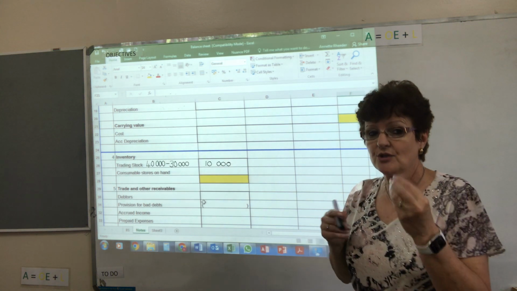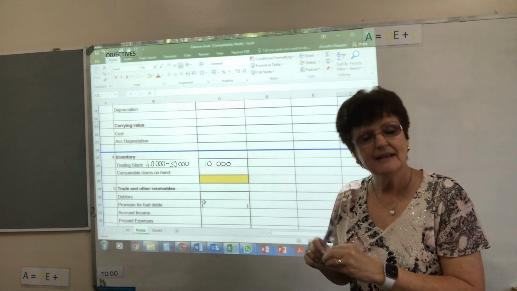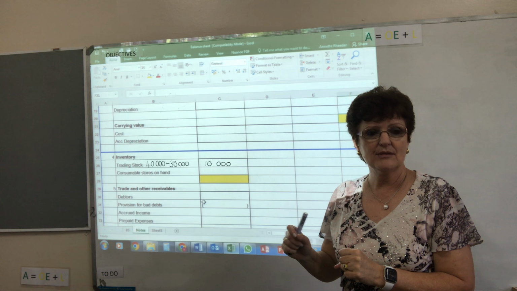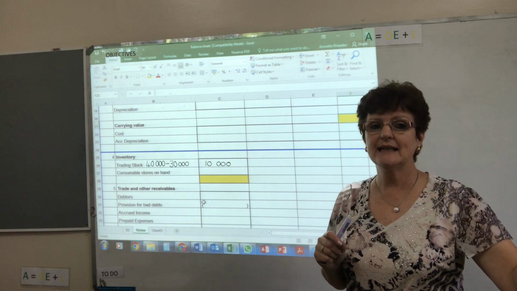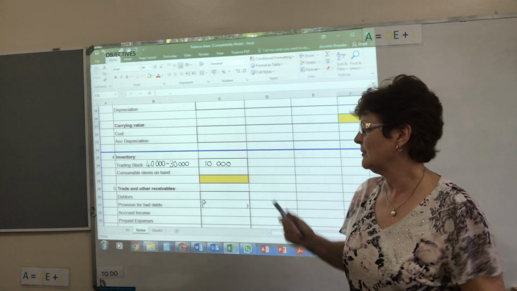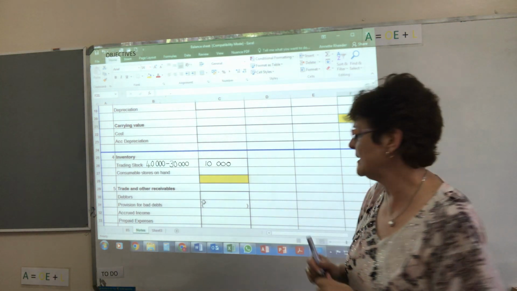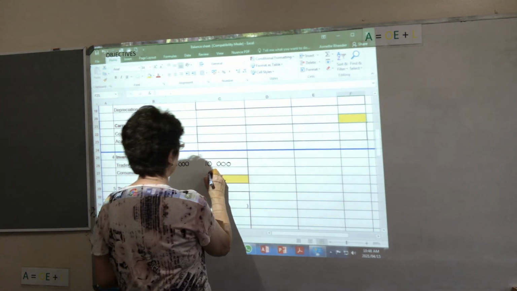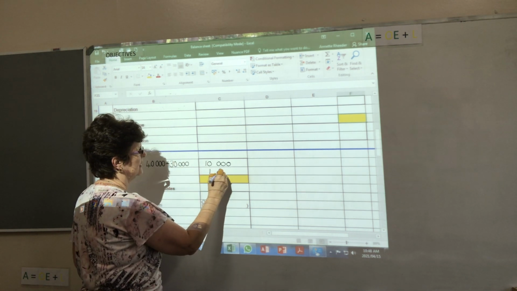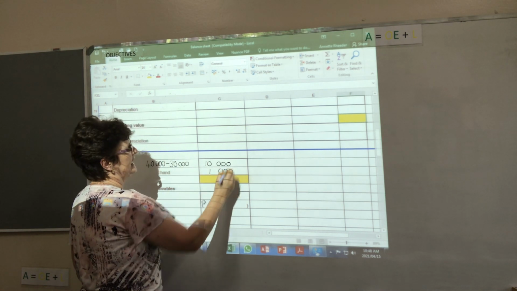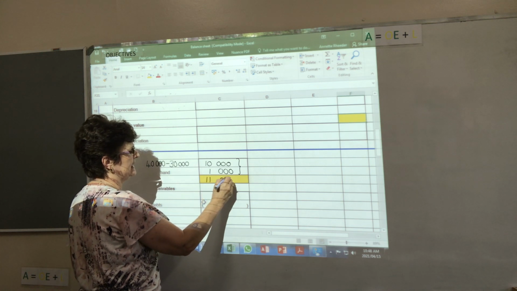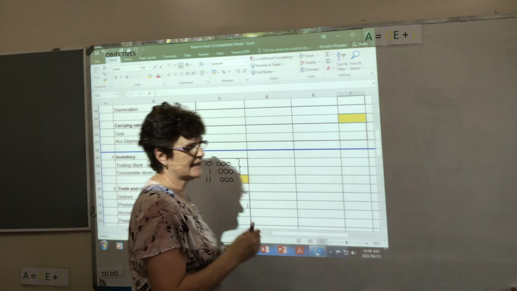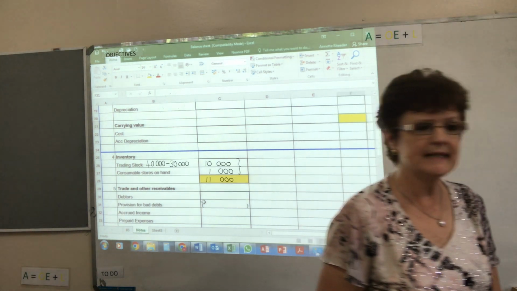So consumable stores on hand is a balance sheet account. Consumable stores, though, is an expense and an income statement amount. But the consumable stores on hand, if we say we have 1,000 Rand on hand, this is what we will write here. And then adding those two together will give me the 11,000 Rand that I have for inventories.